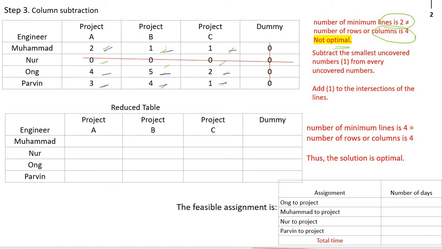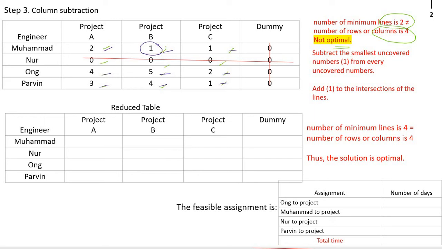Among all the uncovered numbers, we choose the smallest value. It doesn't matter whether it is project B or project C, they are equal, and 1 is the smallest, and the value of 1 we subtract from all the uncovered numbers.